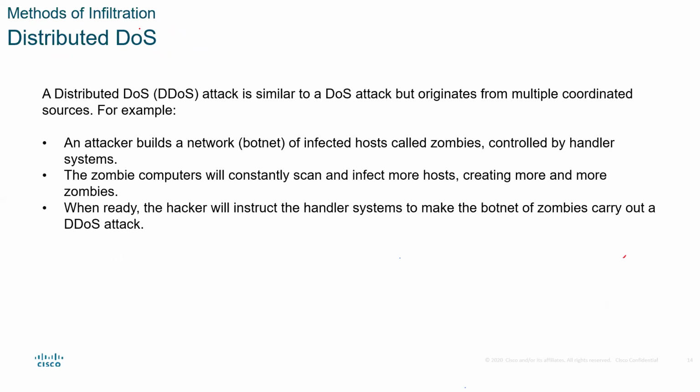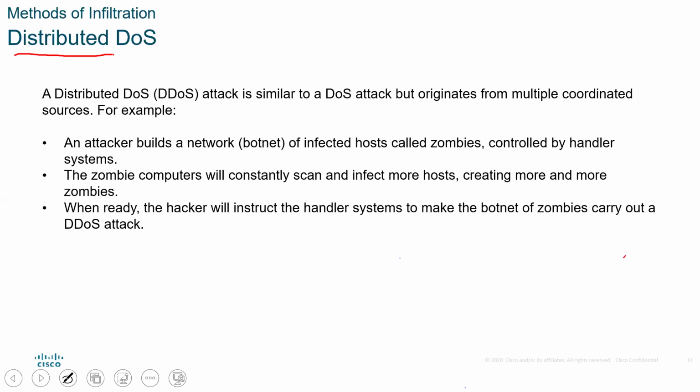Then we have distributed denial of service. The keyword here is distributed. We talked about denial of service, when you overwhelm the server with certain requests so that the server is unable to provide services. Now, this distributed one is similar to DoS, but it originates from multiple coordinated sources.